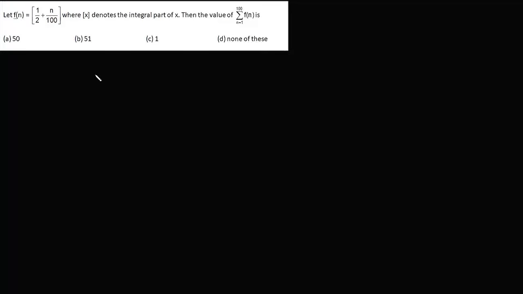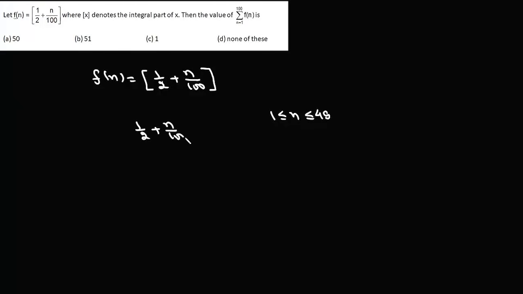Now in this question, we are given this function fn, and this fn is the greatest integer of 1 by 2 plus n by 100, where the square box represents the greatest integer function of x. We need to find this value. Now we know that if n lies between 1 and 49, then 1 by 2 plus n by 100 is less than 1.